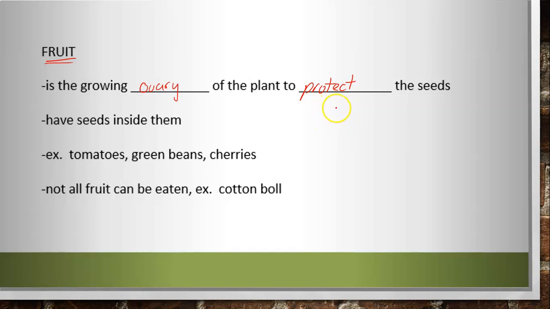And sometimes that fruit is also a means of transporting the seeds through an organism eating the fruit and therefore distributing the seed. Fruits always have the seeds inside them, things like tomatoes and green beans and cherries, but not all fruit can actually be eaten. Things like the cotton ball. Cotton is actually just the fruit of a cotton plant.